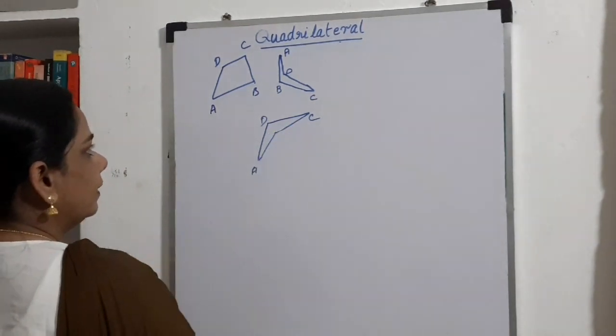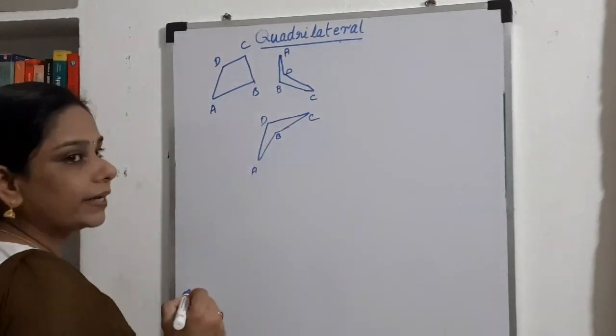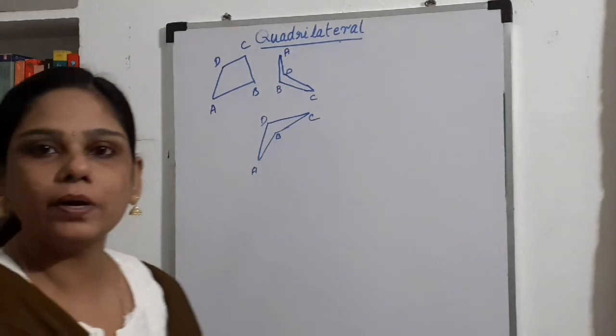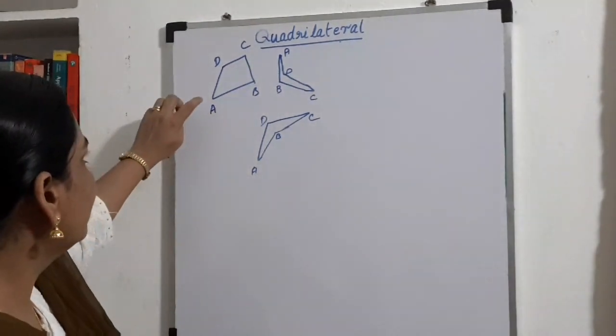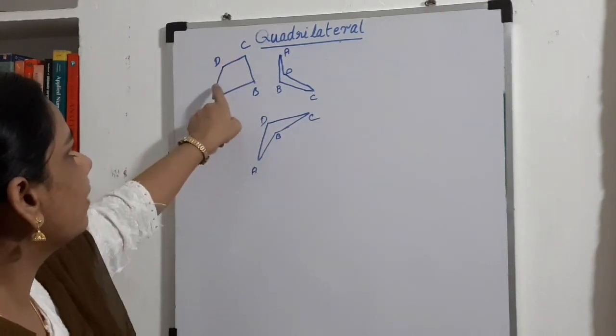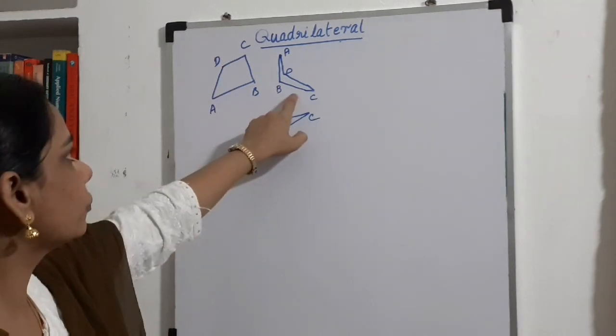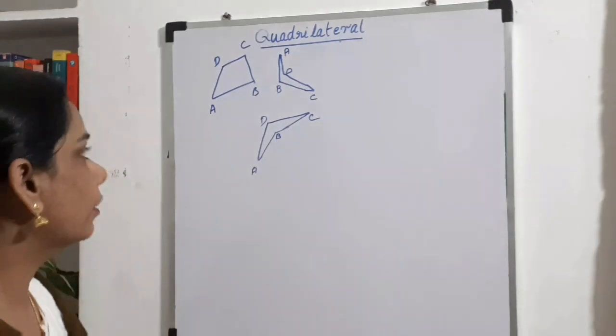Quadrilaterals means a four-sided closed figure. A quadrilateral will have four vertices, four sides and four angles. Here also is another type of quadrilateral.